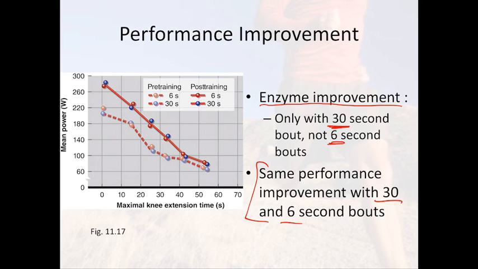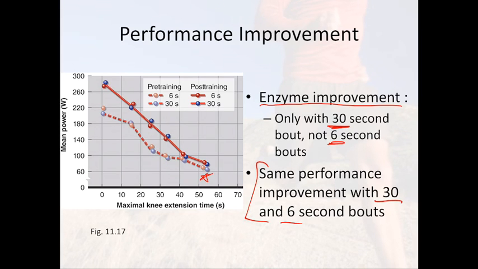And so this is their maximal knee extension time, going for almost a minute of doing high intensity knee extensions, looking at how long it took for the power output to drop, and they pretty much had the exact same improvements post training.